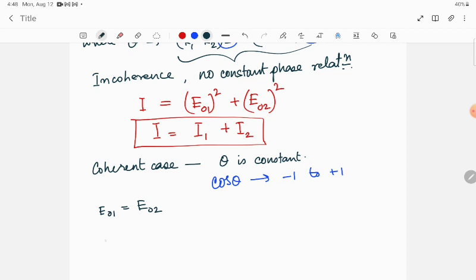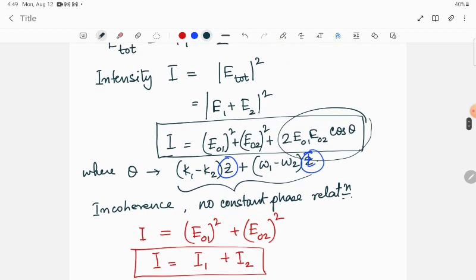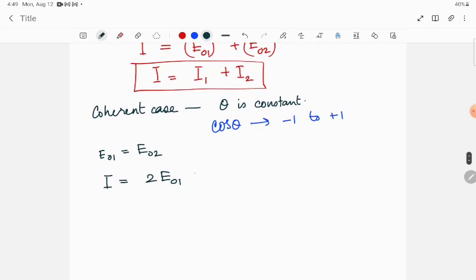Then the net intensity becomes twice E01. I'm just replacing all the E02s in this relation with E01s, and then you have this plus 2 E01 square cos theta.